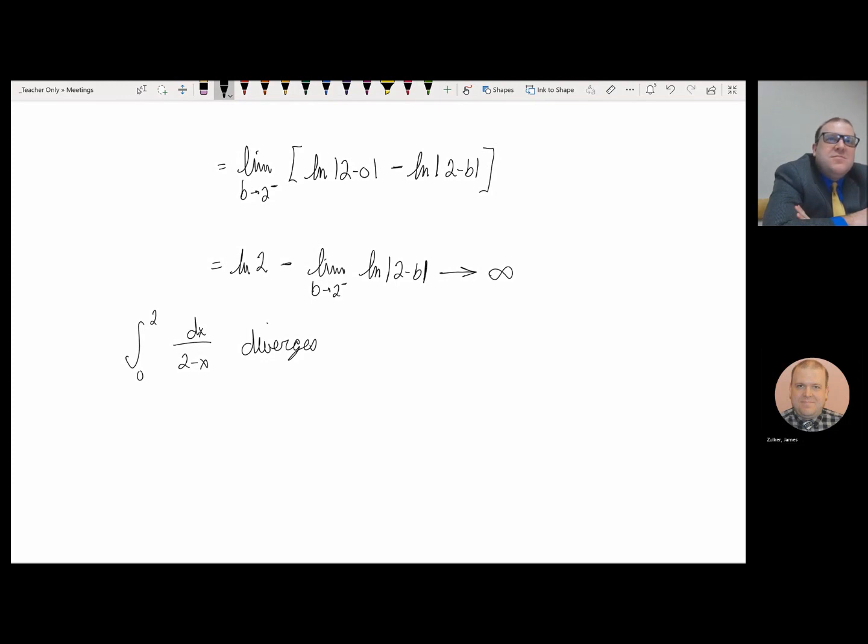Limits that go to infinity don't exist. What's infinity? It just means it keeps getting bigger and bigger, increasing without bound. That's a divergent limit. It's never converging to some value.